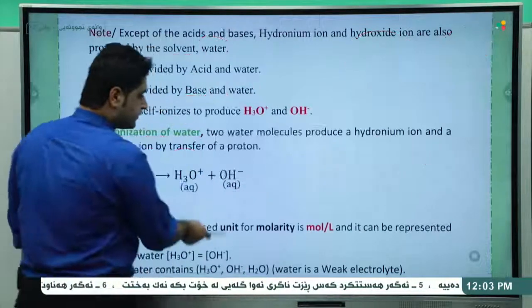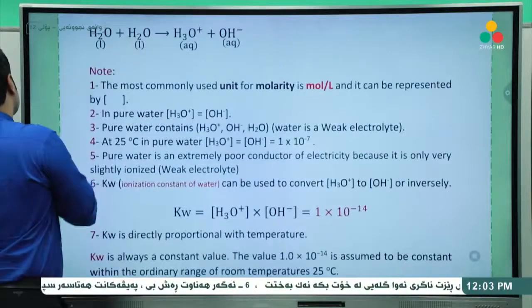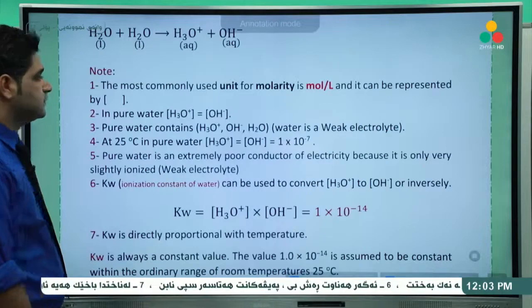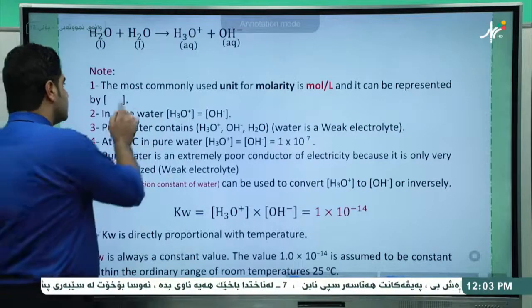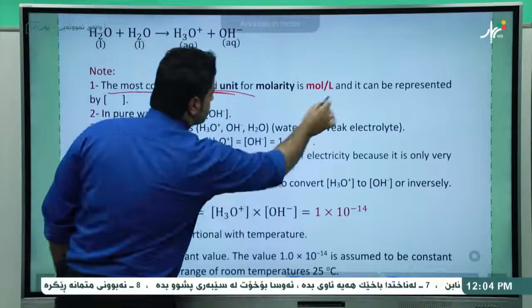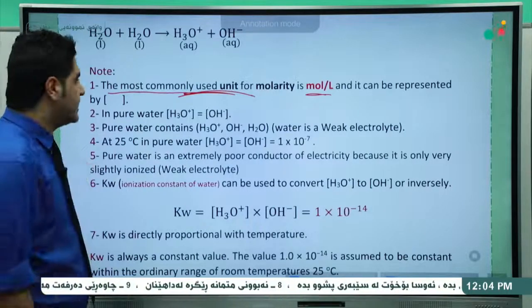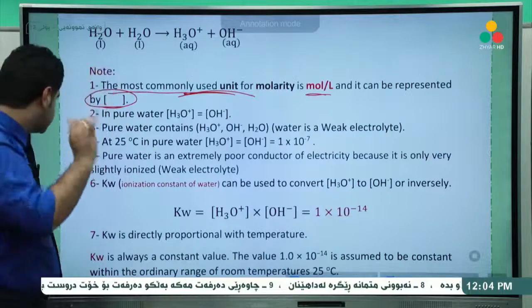Superb. Well, now we have some notes about pure water. What do we get in pure water? First of all, the most commonly used unit for molarity is mole per liter, and it's symbolized by square brackets.